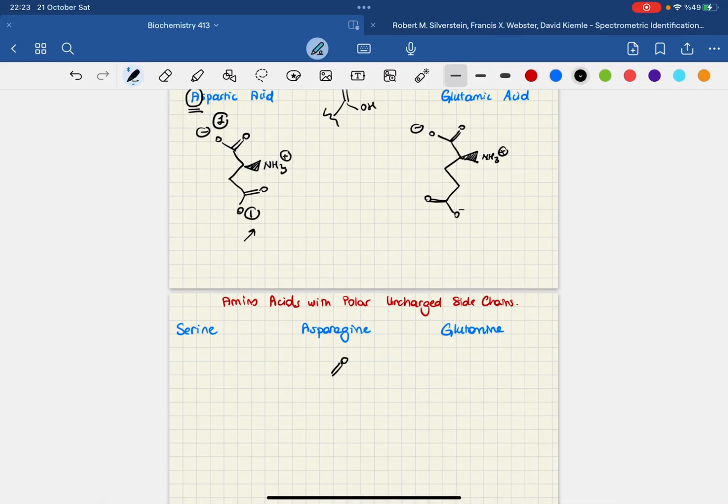Now in asparagine, we will have, as always, an amino group over here, and then I'll draw just one carbon as it's the first letter in the alphabet, and then I'll start drawing carboxylic acid, but then I'll change it to an amine group to remember it from the aspartic acid.